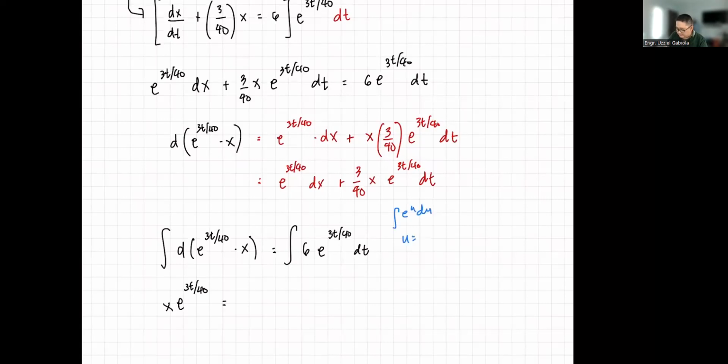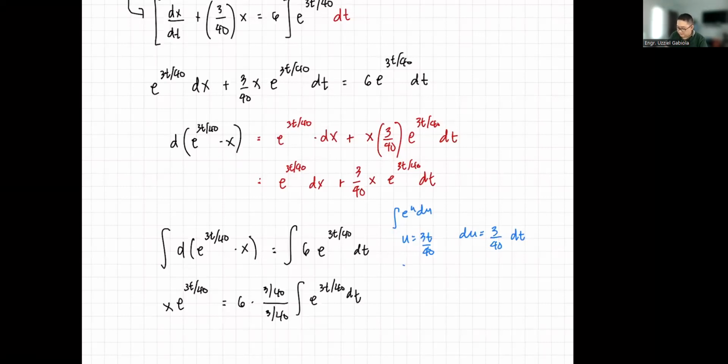Yung u natin is 3t over 40. So, ang du natin should be 3 over 40 dt. Eh, dt lang yung nandito. Meron tayong 6 pero para mapasimplify, labas na lang natin yung 6. And then multiply natin ng 3 over 40 over 3 over 40, e^(3t/40) dt.